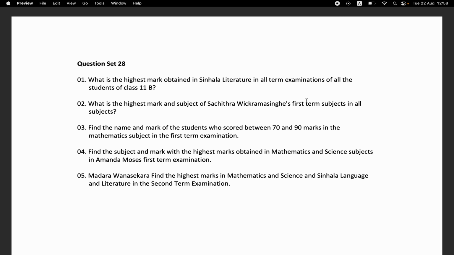So it says first term, what is the highest mark and subject of Sachitra Wickramasinghe's first term subjects in all subjects.